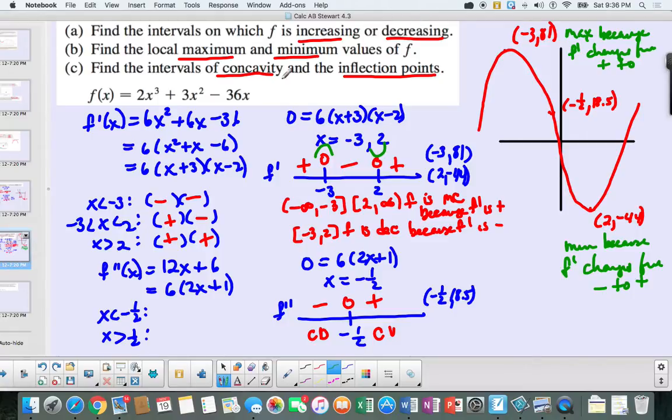I've done my increasing and decreasing concavity. So from -infinity to -1/2, it is concave down, and from -1/2 to infinity, it's concave up. And this is my point of inflection, and that's where the sign changes.